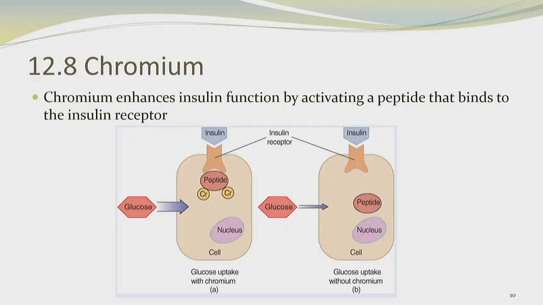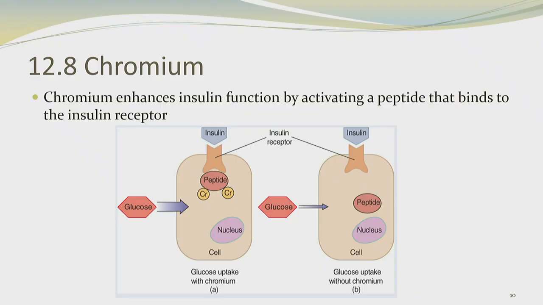Insulin binds to a receptor on the cell membrane, and then through a process of signal transduction, it promotes the uptake of glucose by the cell. But this signal is not efficiently communicated if there is insufficient chromium in the cell. So glucose uptake by the cells is reduced when chromium is deficient, as shown in the figure's arrow size.